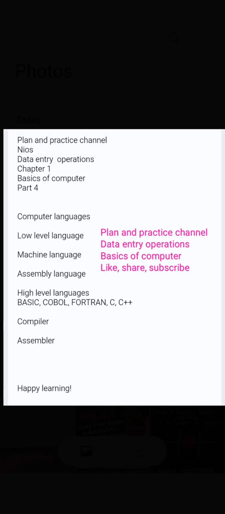To overcome the limitation, high level language has evolved, which uses normal English-like easy to understand statements to solve any problem.